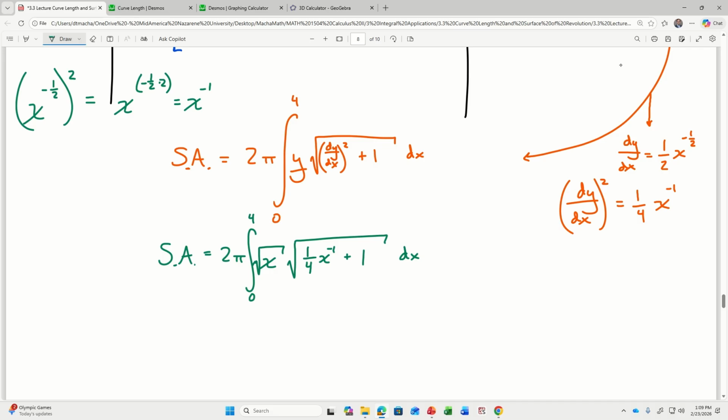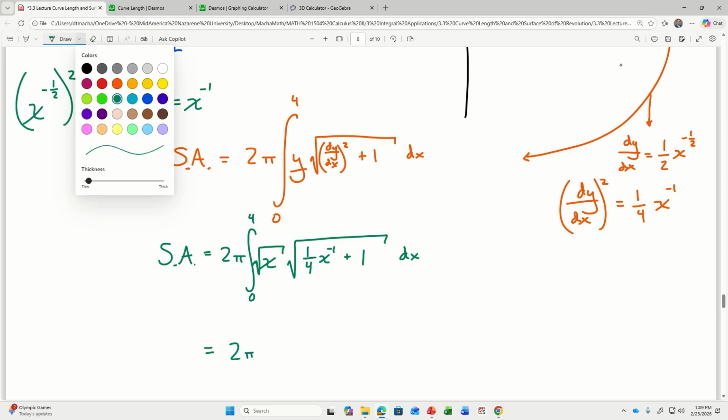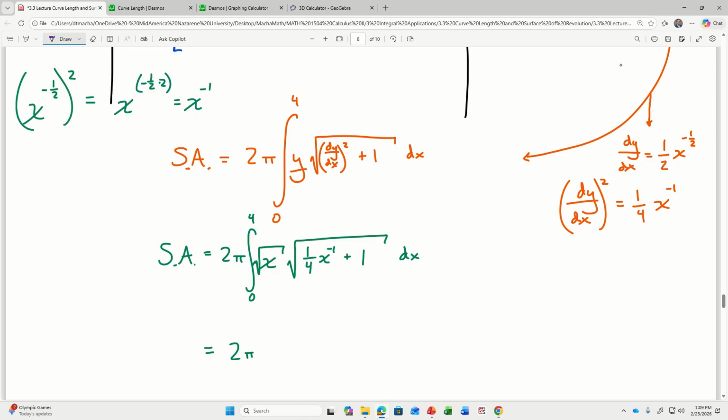Okay, so what we can do is multiply the radicands. Did you know that if you have two square roots side by side, you can just multiply those? Right?